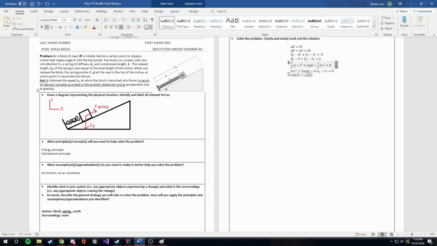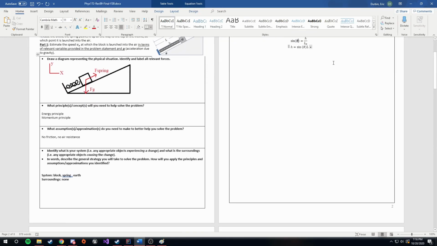Sine theta equals height over L0. Wouldn't it be sine? Because sine is opposite over hypotenuse. Yeah, sine is opposite over hypotenuse. You're correct.